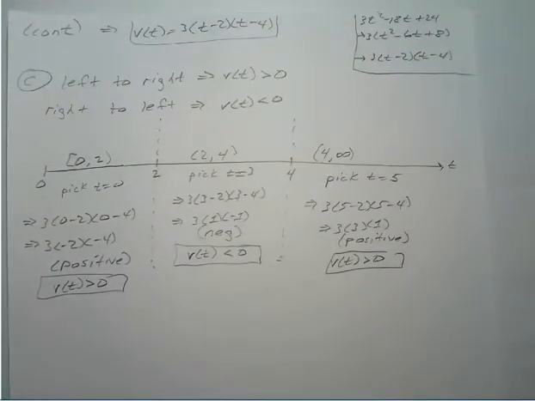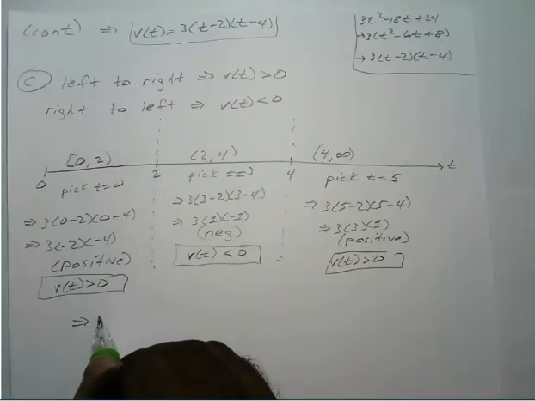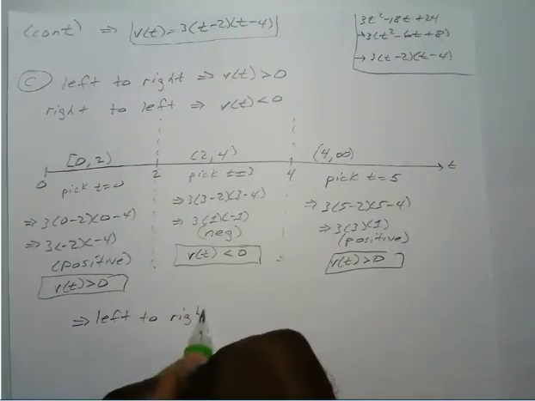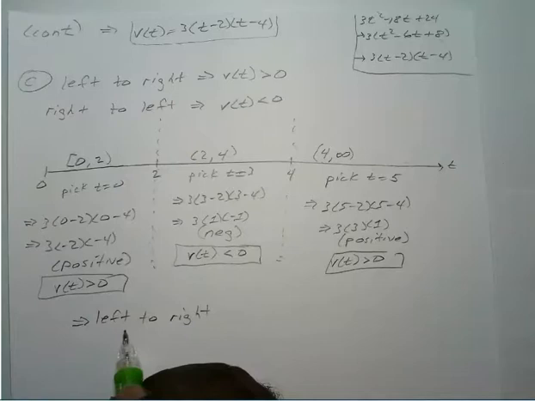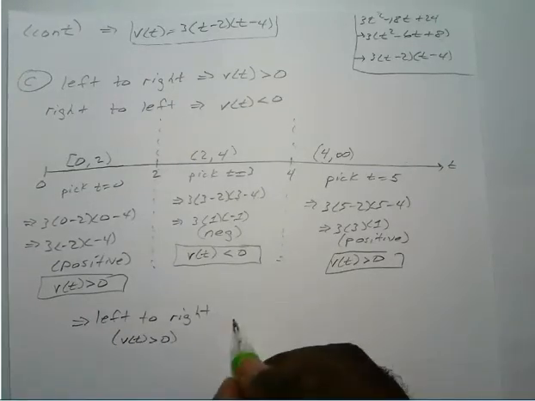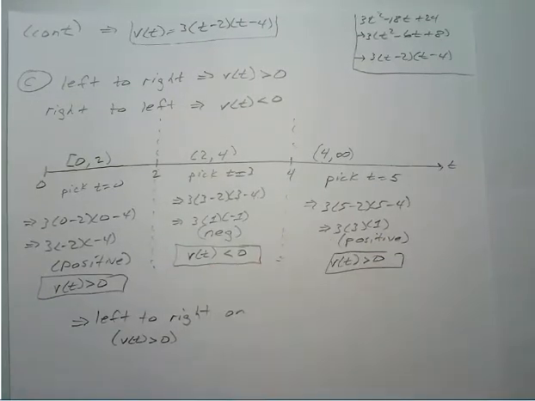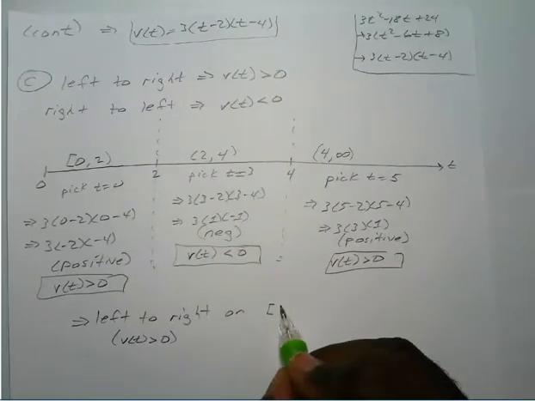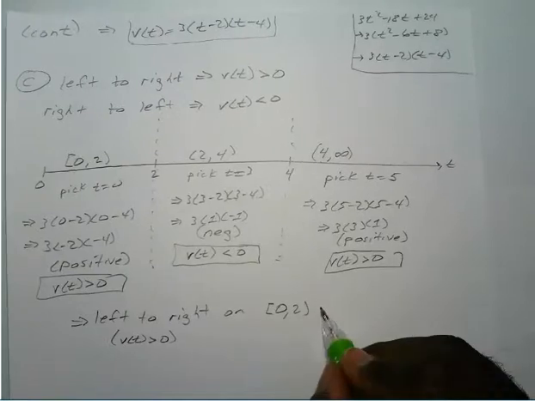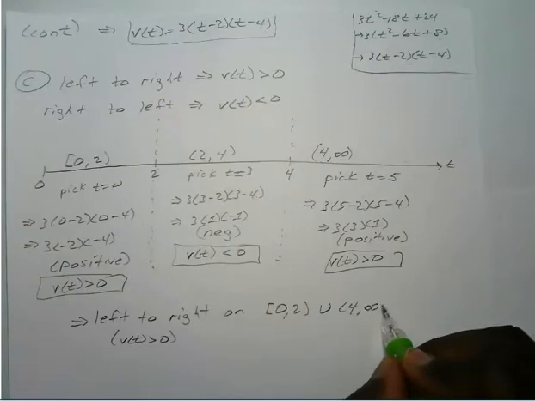Now that we have that figured out, we can answer this by showing that the particle goes from left to right when the velocity is greater than 0. So it goes left to right on the interval from 0 to 2, or from the interval from 4 to infinity.